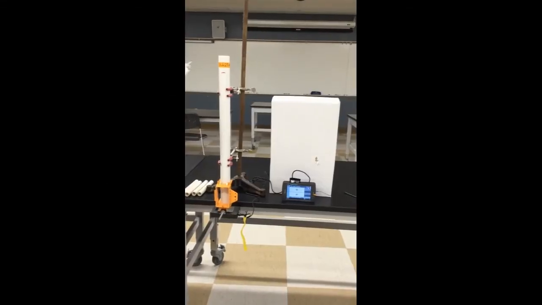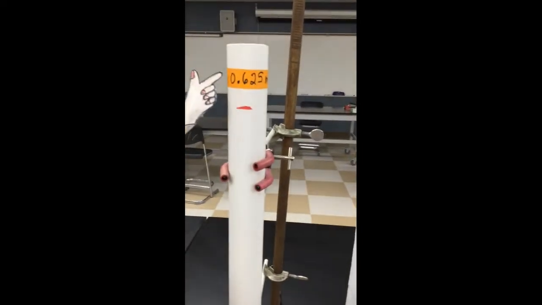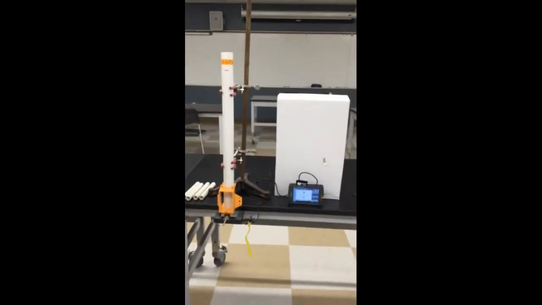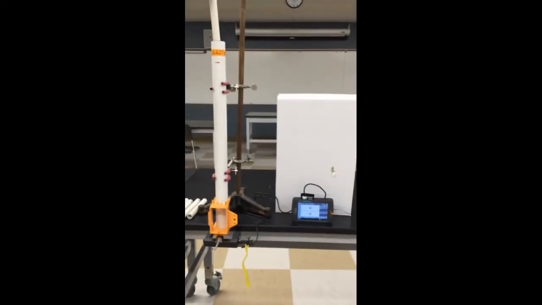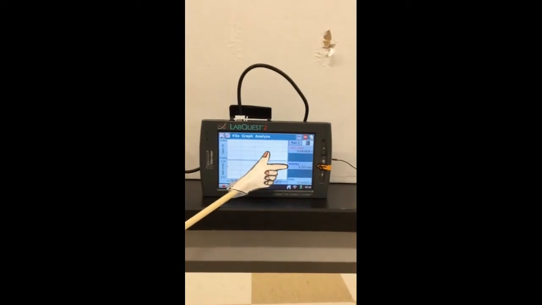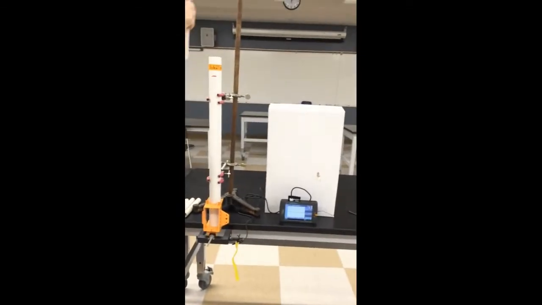Tube number 3, the length of tube number 3 is 0.625 meters. Run 1. The velocity is 3.727. Run 2.